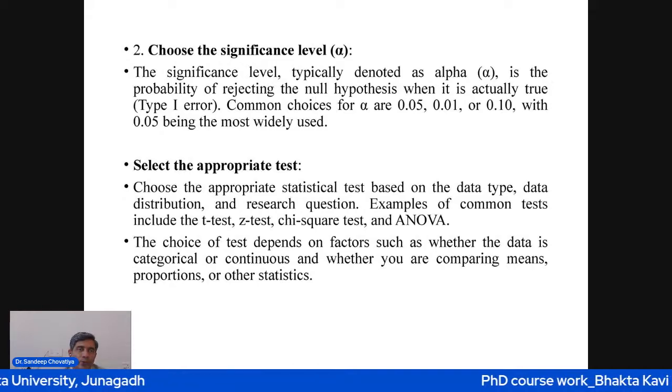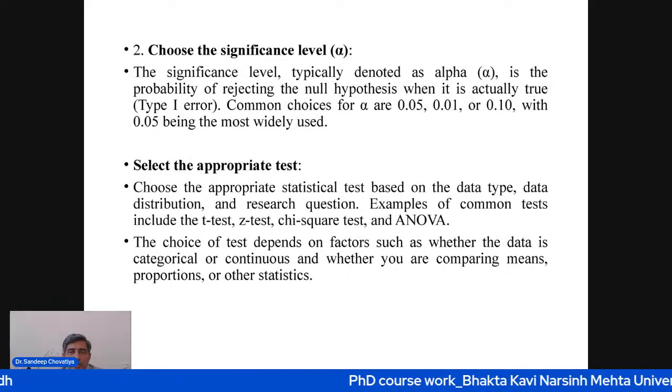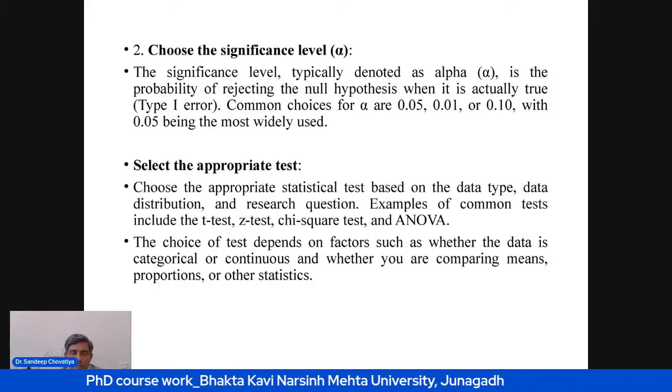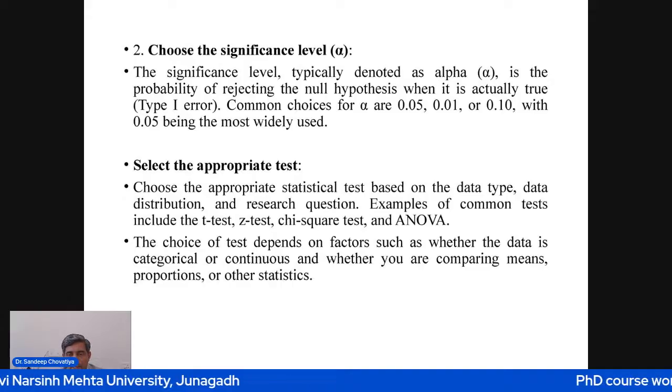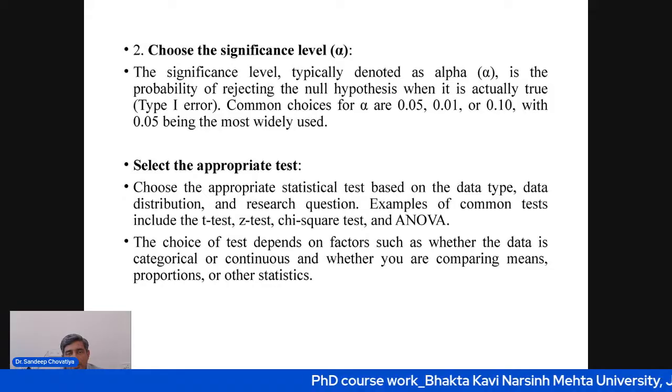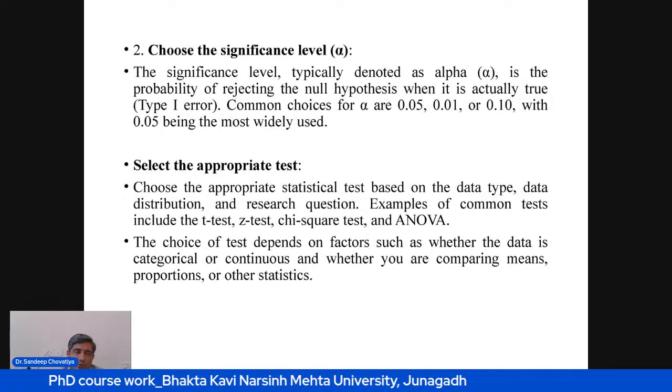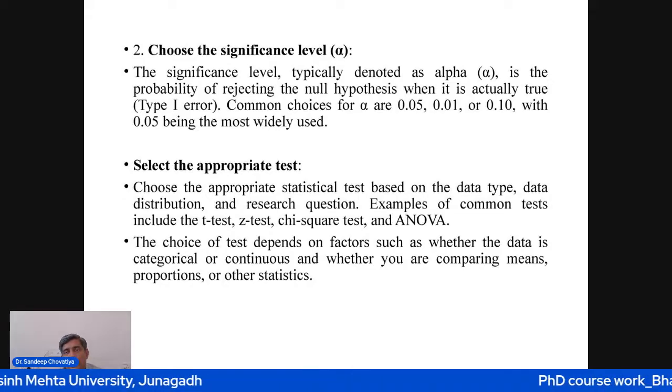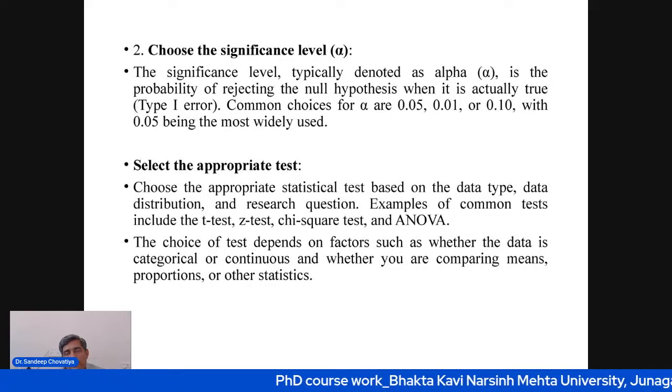Number two is to choose the significance level, which is alpha. Maybe you see in a research paper that the p value is less than 0.05. In some research papers you see p less than 0.01, or maybe in some research papers you see the p value less than 0.10.